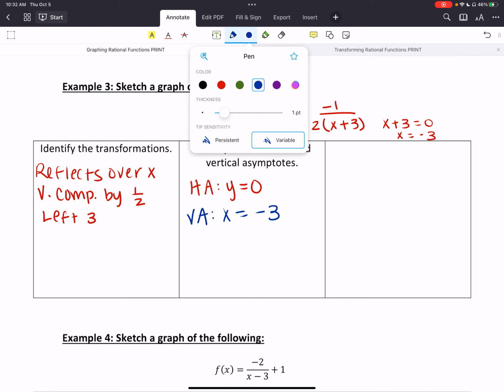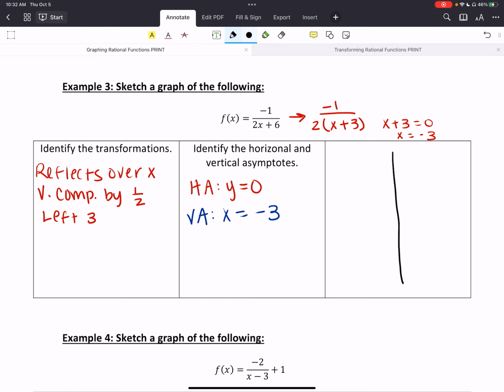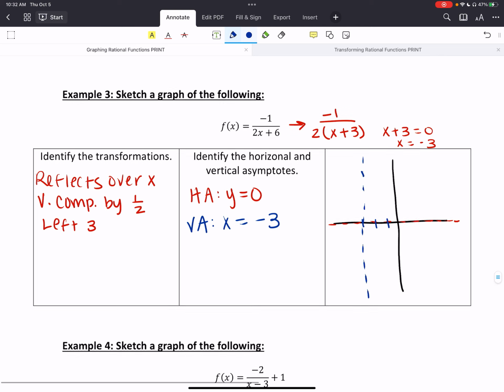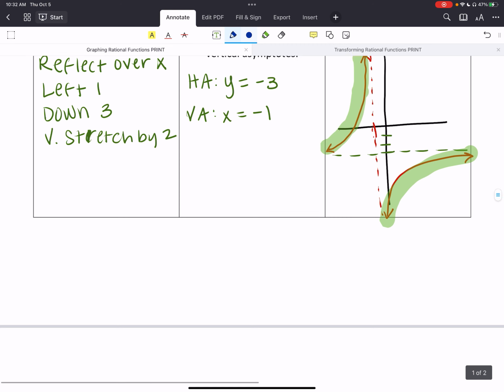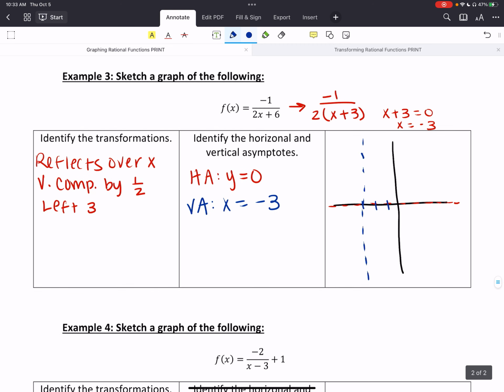So let's sketch this out. So first I'm going to draw my asymptotes. So y equals 0 is our x-axis basically, and x equals negative 3. So those are our guidelines. So we reflect, so our graph is going to start in the same spots as our example 2 did, but this one we are going to compress.